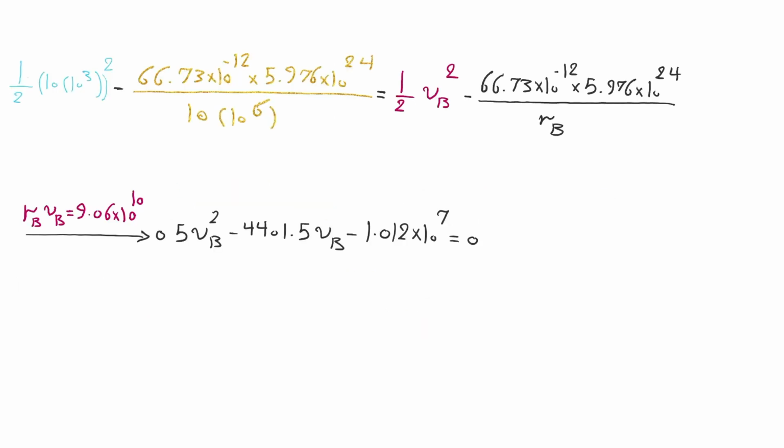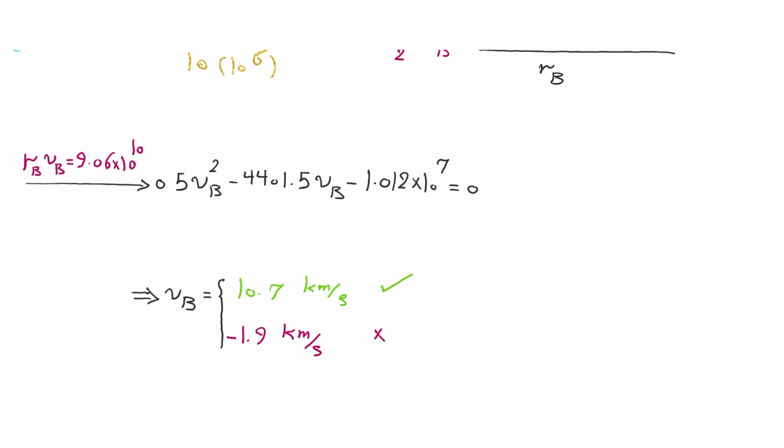Simplifying the equation and keeping in mind that I had another relationship between RB and VB, which was RB times VB equals 9.06 times 10 to the power of 10, it will give me a new equation for VB, and it's a polynomial equation, and I can solve it and find VB.